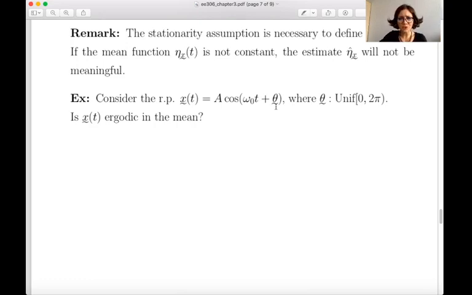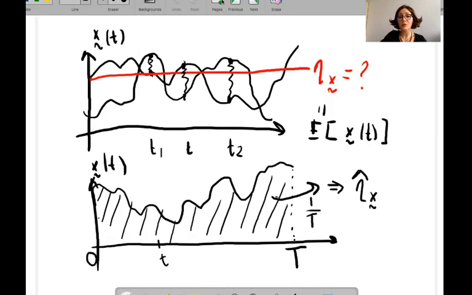I guess in section 3 I solved the version where theta was uniformly distributed between 0 and pi, and then this one was left as an exercise, so hopefully you solved it. The answer was that this process is actually wide sense stationary when theta is uniformly distributed between 0 and 2 pi. So this should first be our starting point.